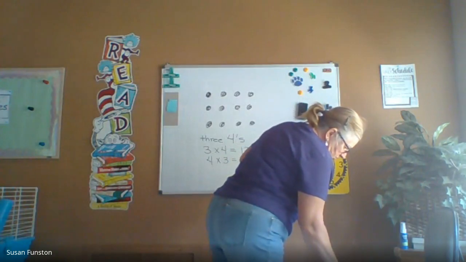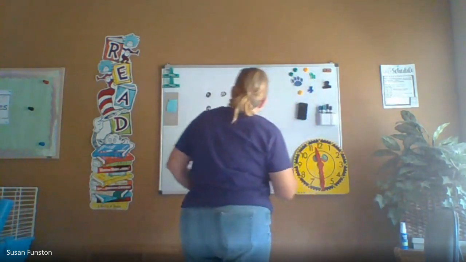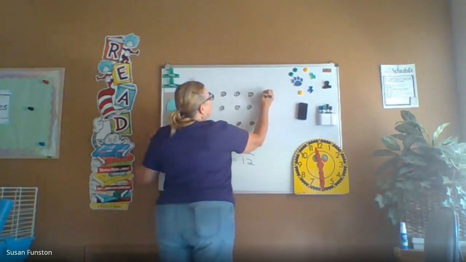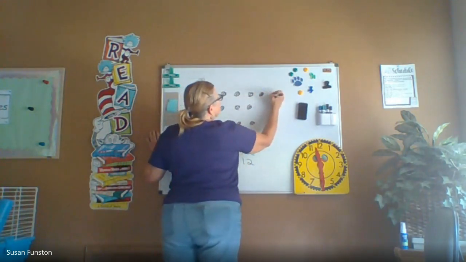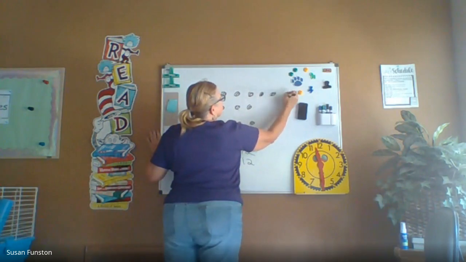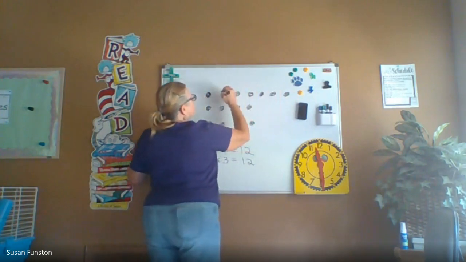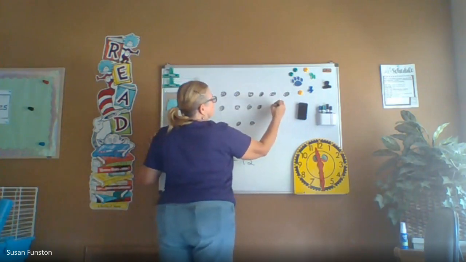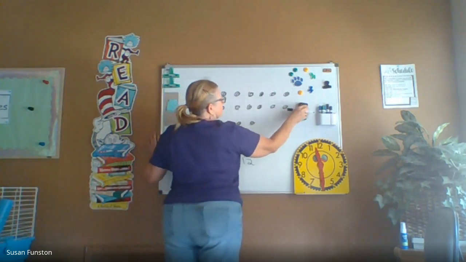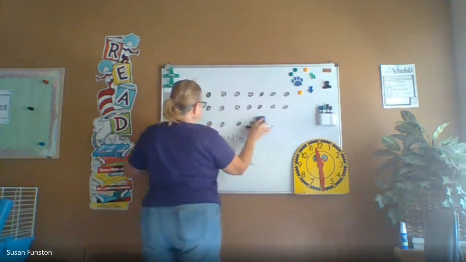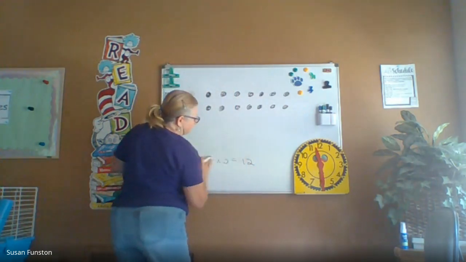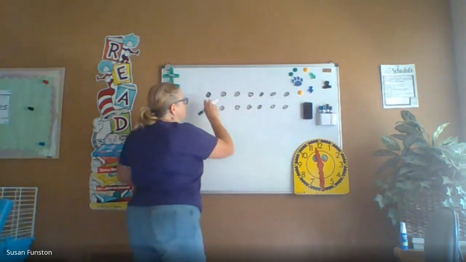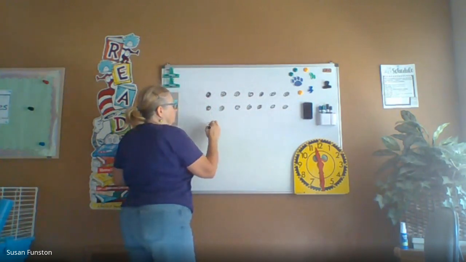Let's do 7 by 2. So 2 rows of 7. So how many rows do I have? 1, 2.